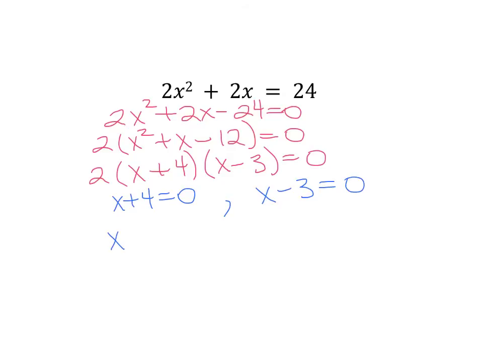So here we get x is equal to negative 4 and x is equal to positive 3. And this is where this equation, this parabola, if this were a graph of a quadratic, would cross the x-axis at x equals negative 4 and x equals positive 3.